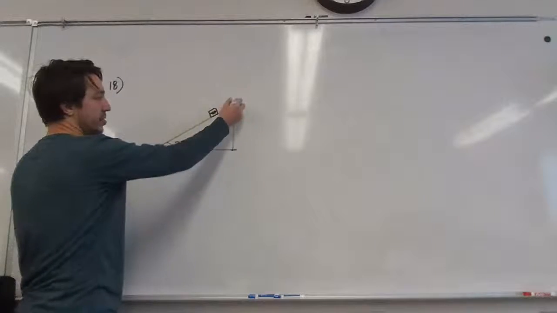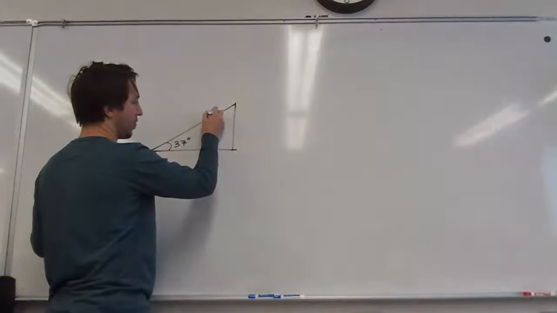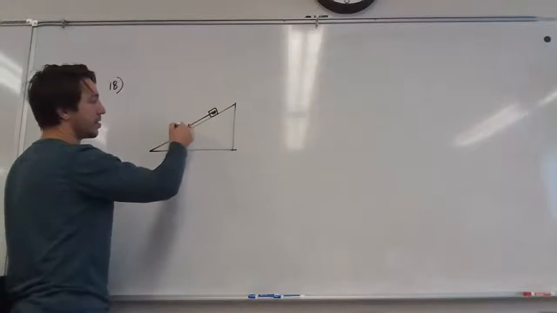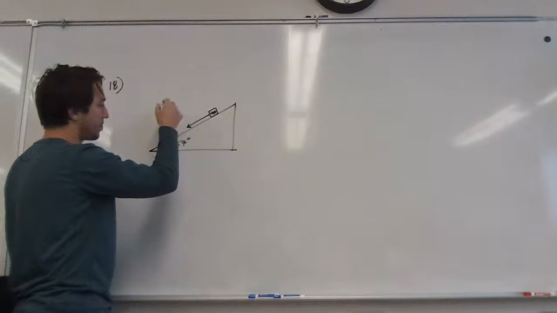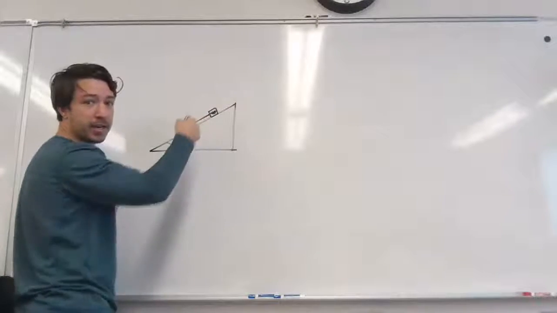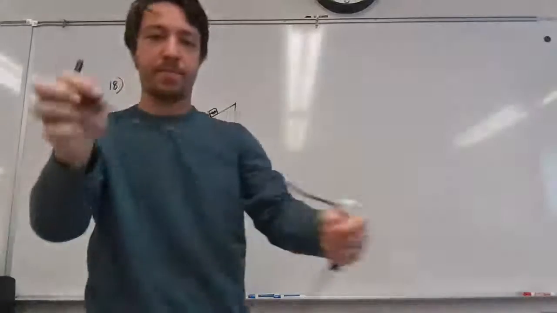Okay, so let's just jump straight to the result of how much force pushes this thing down the ramp. What's the formula we derived? Mg sine of theta. So this vector here is mg sine of theta.